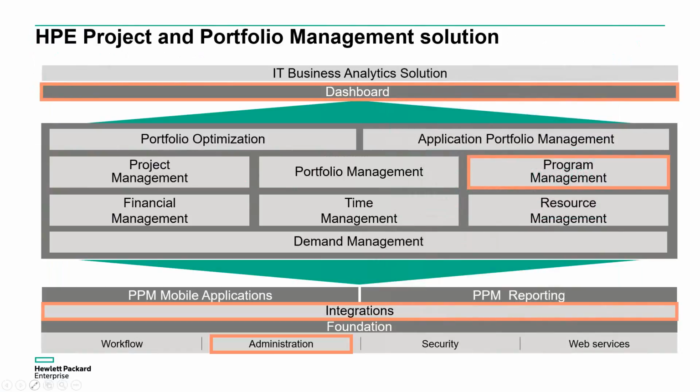And this is another very familiar slide that you've seen. The only real differences are, number one, the colors. We have the HPE colors. And number two, I have highlighted, through the orange squares, the areas where we have primary differences in earlier versions of PPM compared to what we've just released with PPM 9.40.